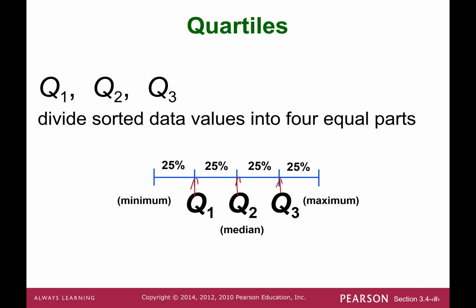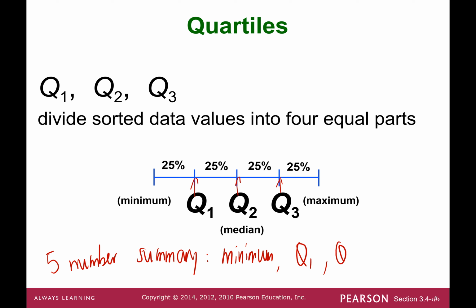This is what we call the 5 number summary: a minimum, quartile 1, quartile 2, quartile 3, and a maximum. We use those 5 numbers to summarize the entire data set.